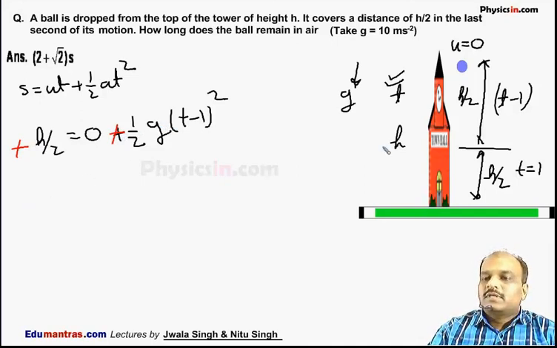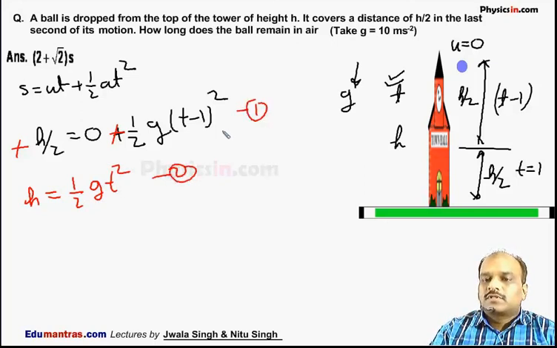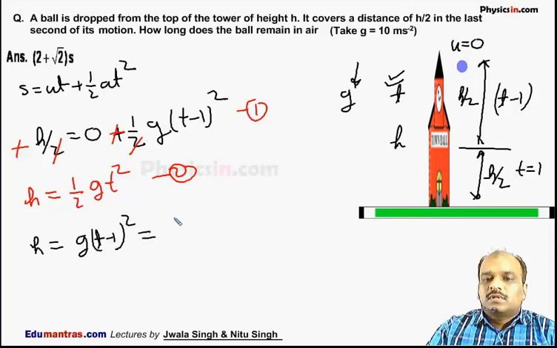Now from here we can say for the total height, h is also equal to half g into t square. This is your second expression, this is your first expression. Now from these two expressions, I can say this 2 will cancel out. h is equal to g into t minus 1 square, that is also equal to half g t square.